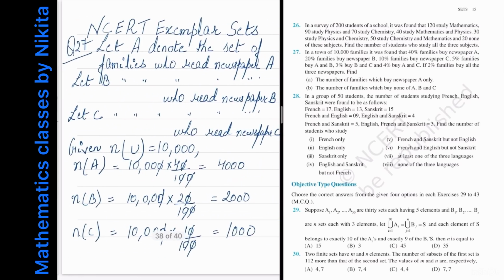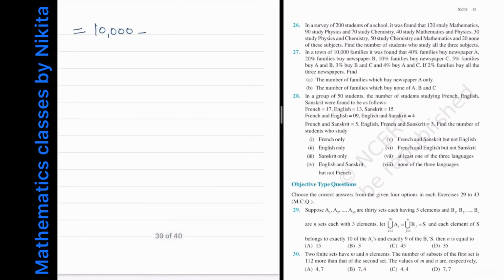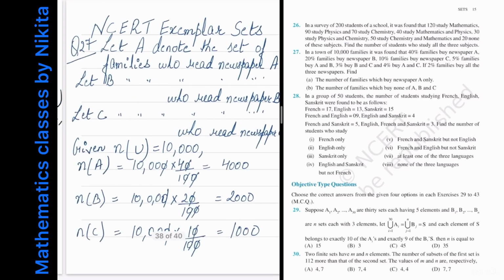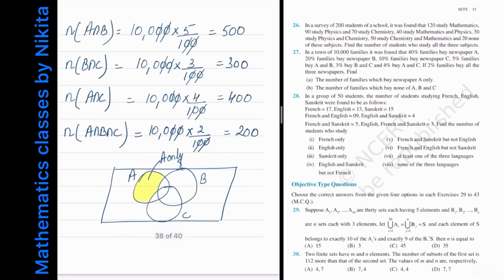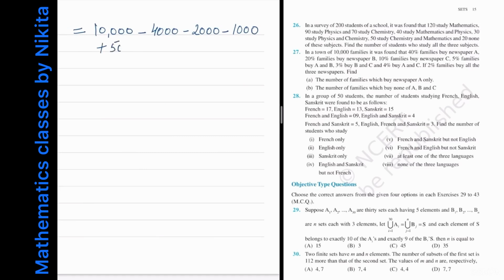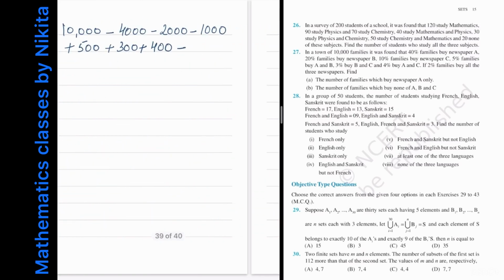Let's see the values from here. 4,000, 2,000, 1,000. 4,000, 2,000, 1,000, then you have 500, 300, 400. And after this you have 200.